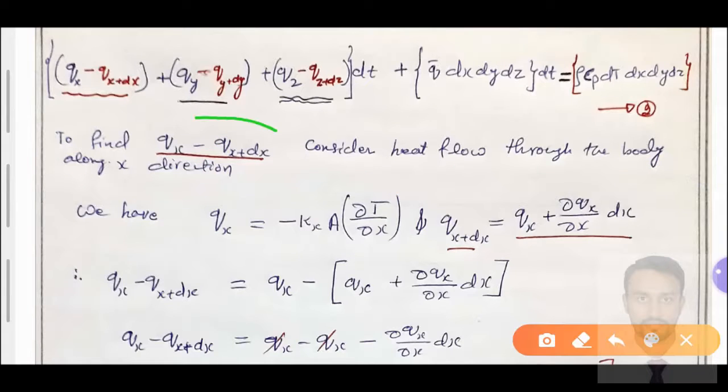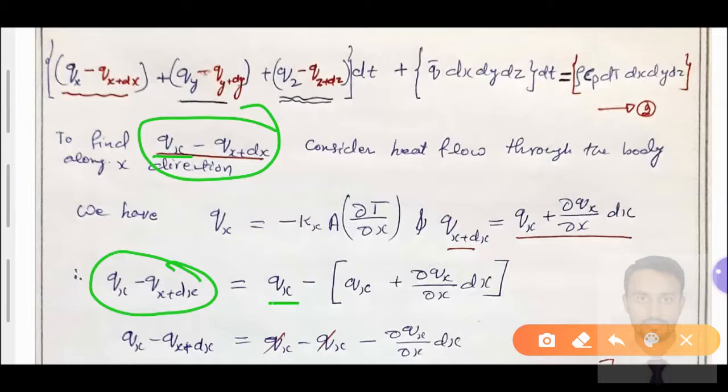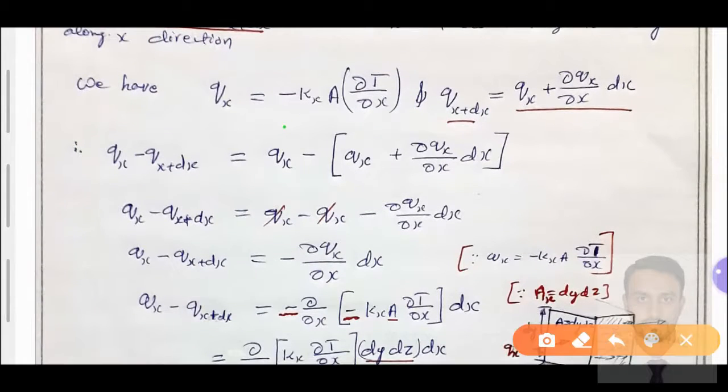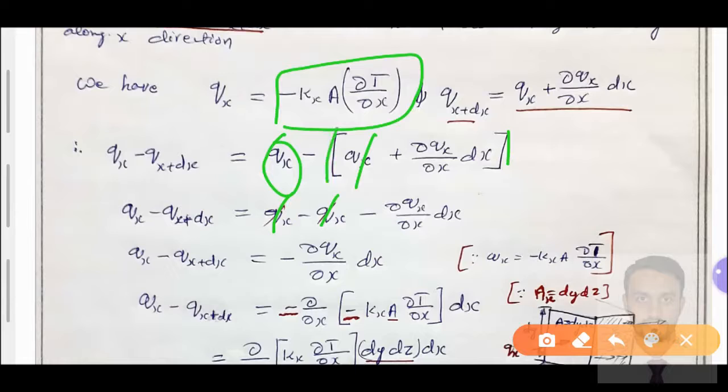Then this value equals Qx minus Qx+dx, so directly we'll take it here. Instead of substituting this value, I keep it the same. The Qx will get cancelled when I remove these brackets. Only minus dQx divided by dx into dx will remain. This value is equal to this one.